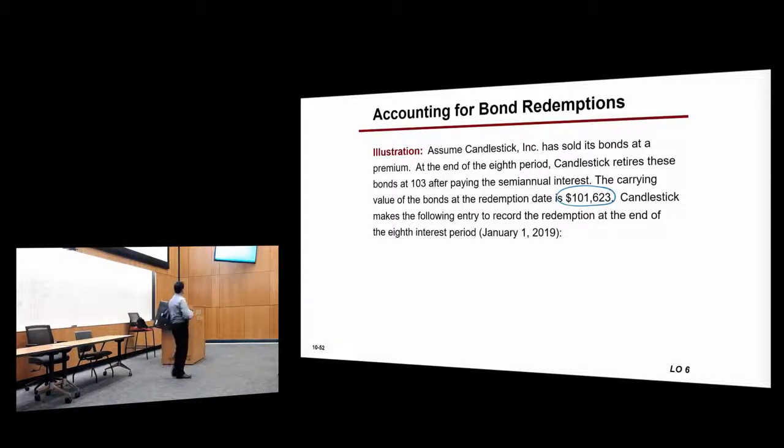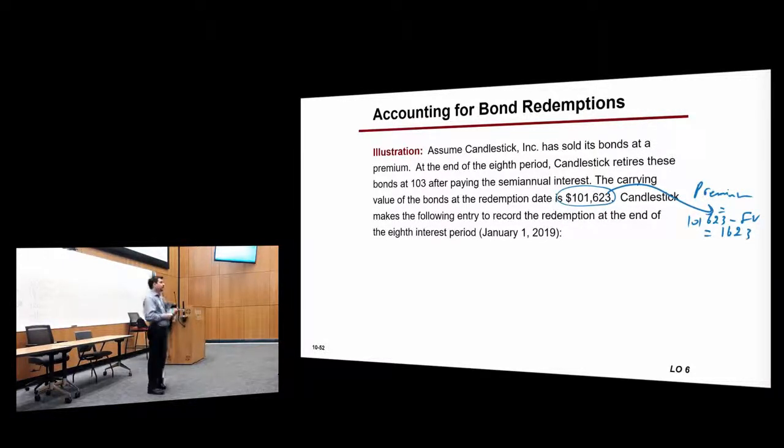So what's the premium here? Yes, the premium in this case will be 101,623 minus face value. Just to mean it's 1,623.